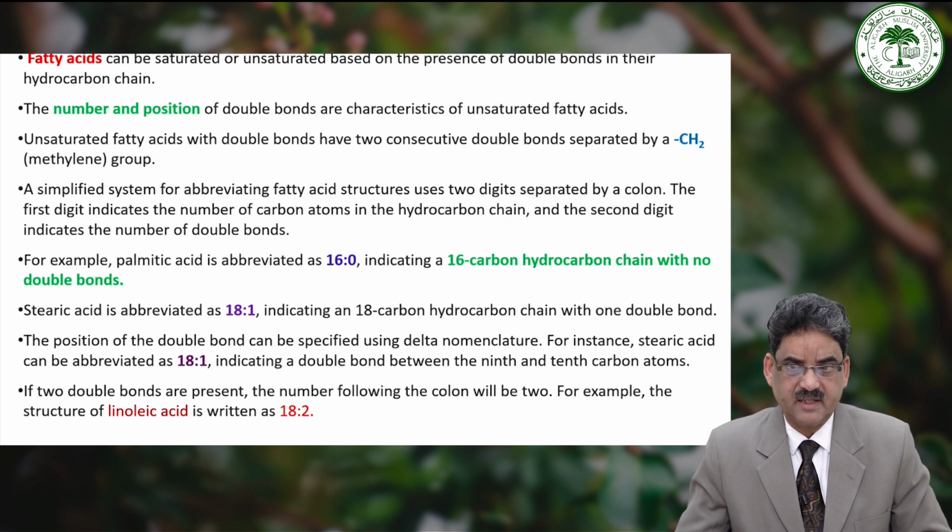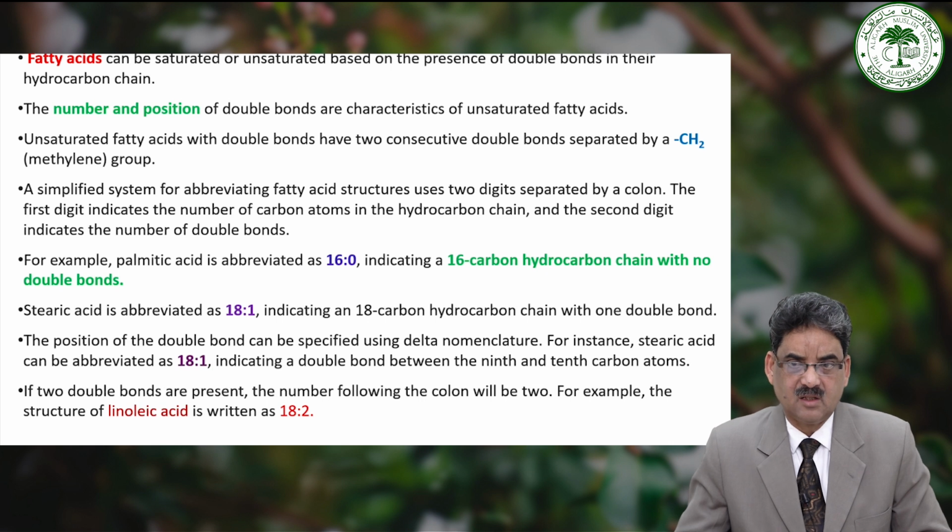To specify the position of the double bond, delta nomenclature may be employed. For instance, oleic acid could be represented as 18:1 delta 9, pinpointing the location of the double bond between the ninth and 10th carbon atoms.